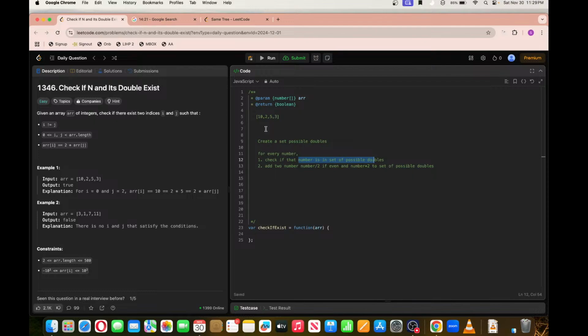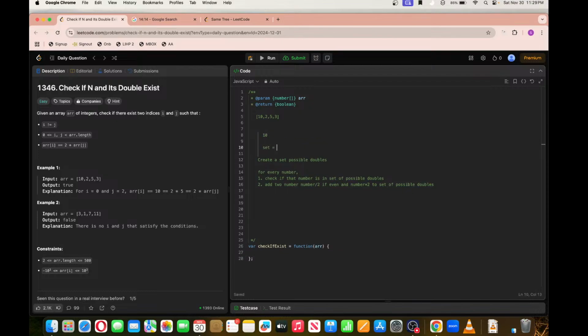So suppose I already obtained 10, then my set will include 5 and 20, right? So if I receive 5, then I'll return true immediately, or if there is no 5 but there is 20, then whenever I reach 20, I would return true immediately.